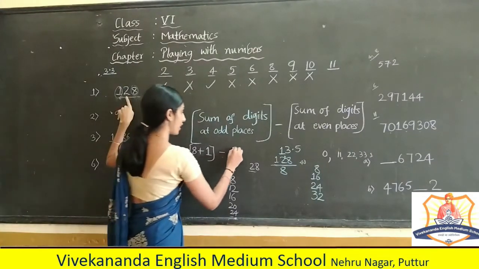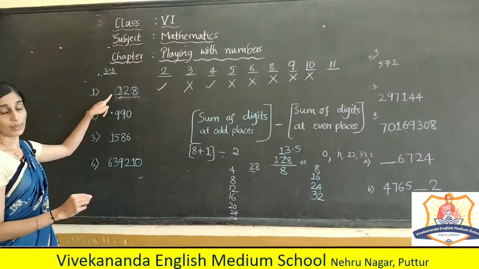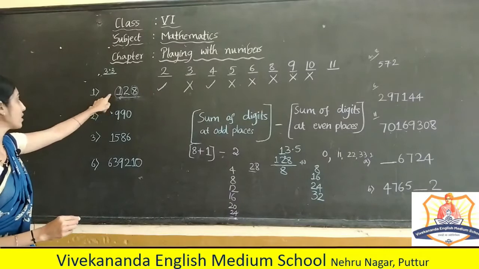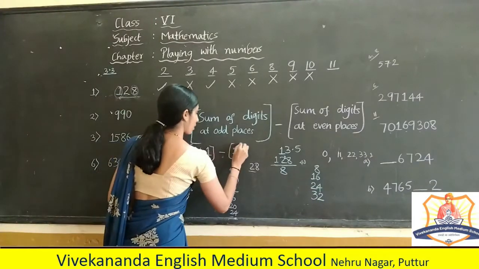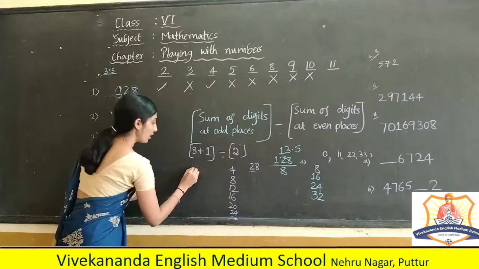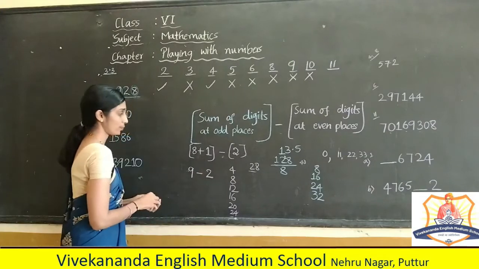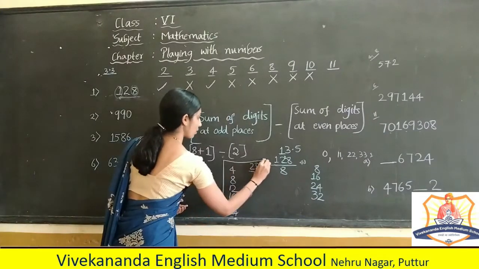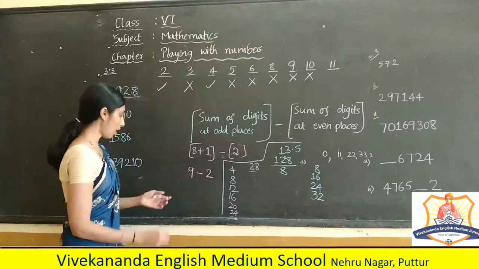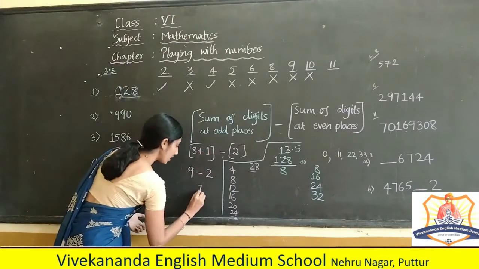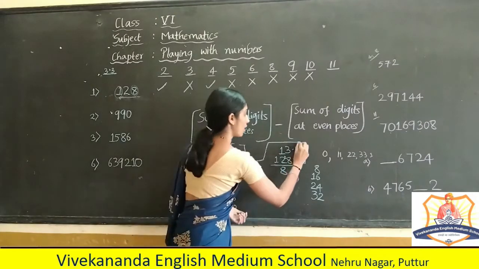What is the digit in that even place? 2. Is there any one more digit in this number? No, it is a 3-digit number, right? So 8 plus 1 is 9, 9 minus 2, how much? It is 7. So whether it suits here?